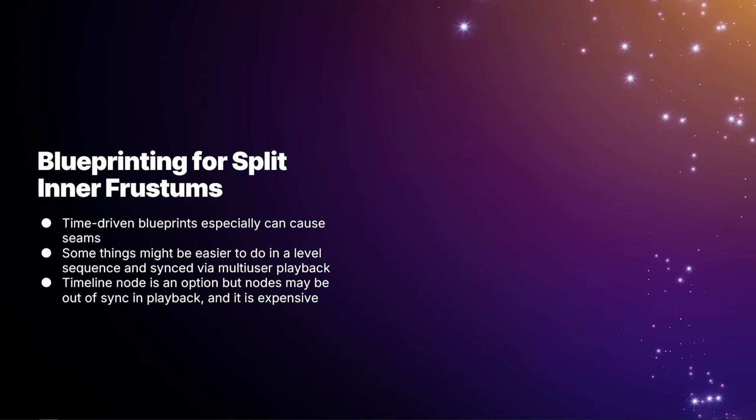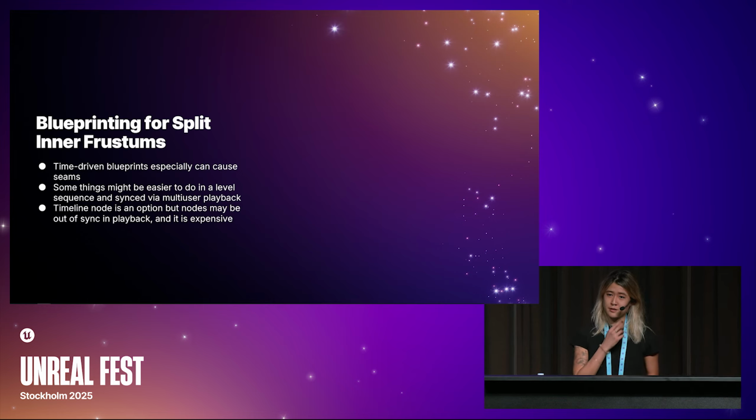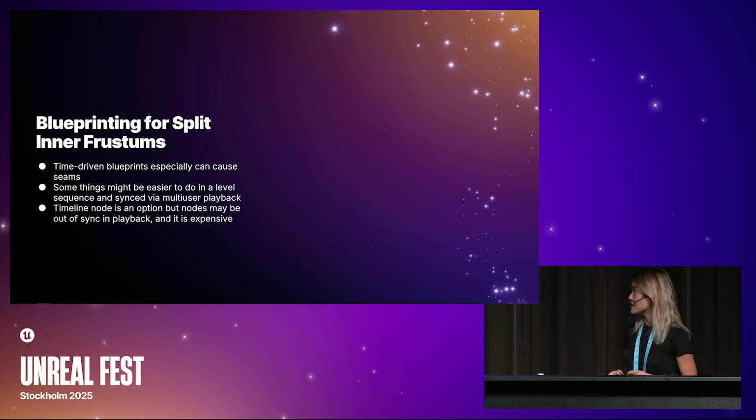But if it's just something in the background moving to give it a bit of life, you could do it in a blueprint. I don't recommend using timelines. They tend to be quite heavy and they're also quite hard to control sometimes. So try to avoid timeline nodes whenever you can.